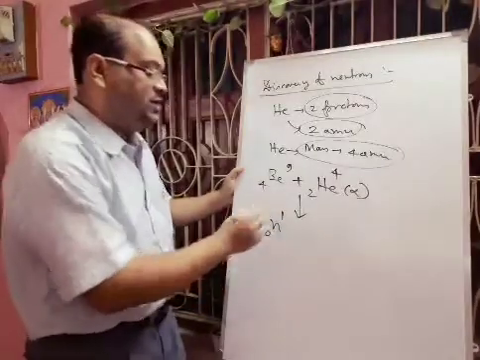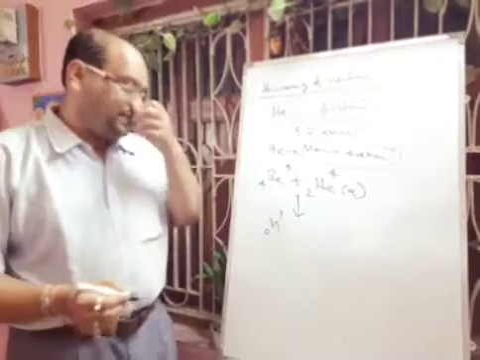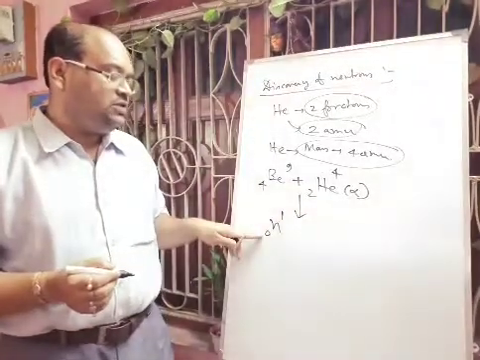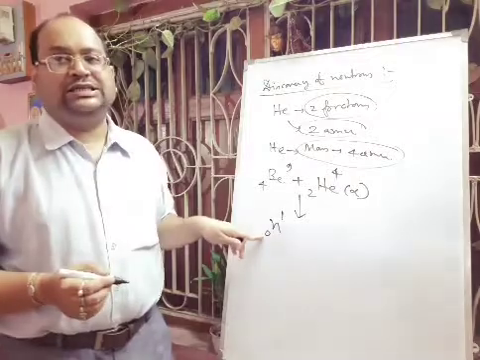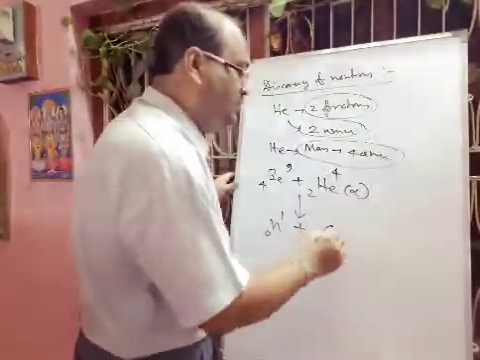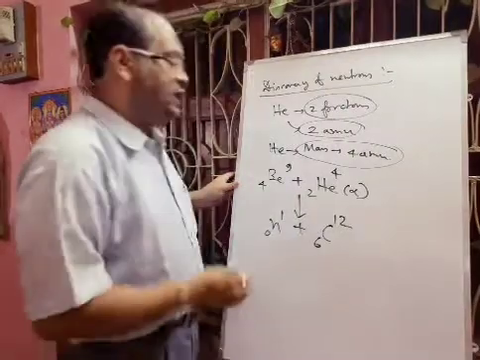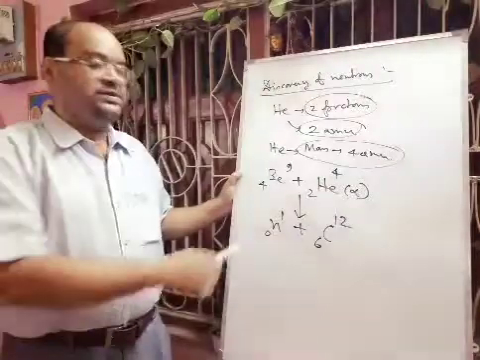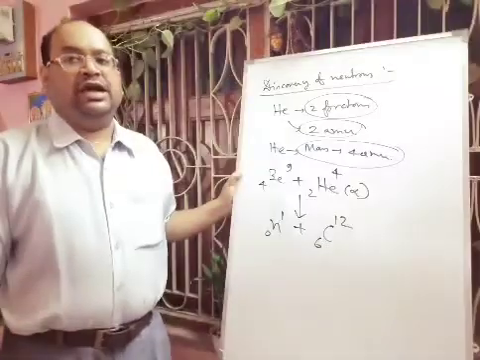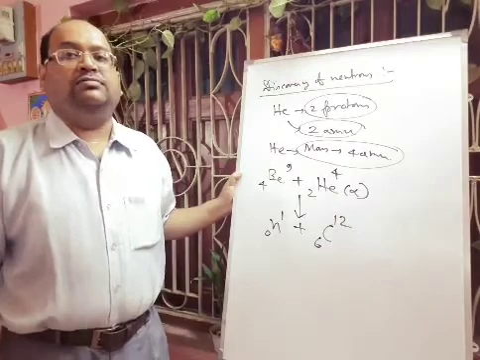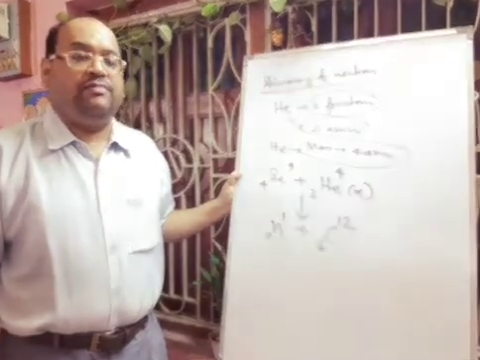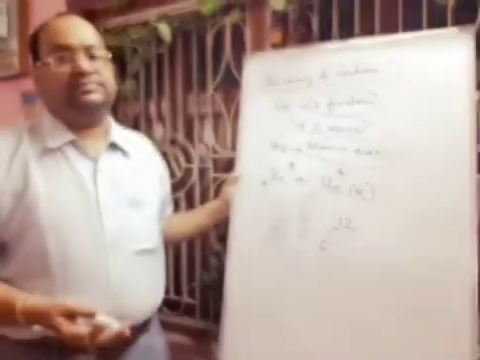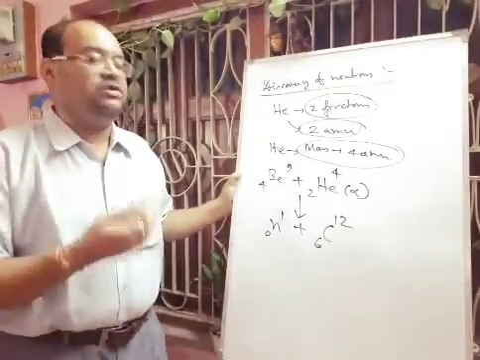The neutron is represented by 0 and 1. This 1 indicates its mass, and 0 we write because it has no charge, it is neutral. With the formation of carbon, the beryllium nucleus is converted to a carbon nucleus, with the formation of a new particle called the neutron. These particles were not deflected by any magnetic field, and if you place an electric field, there is also no deflection.